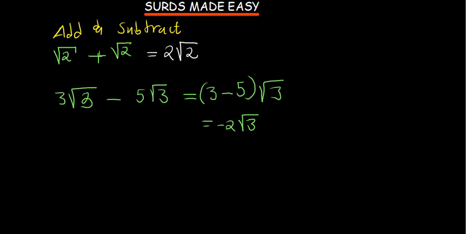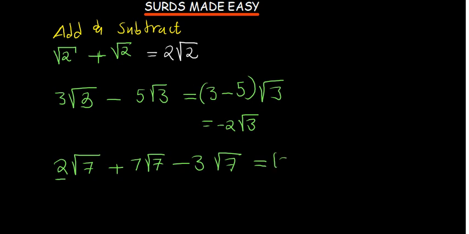What if you have got, let's say, 2 square root of 7 plus, let's say, 7 square root of 7, then minus 3 square root of 7. How can you do this one? To work it out, just get the numbers which are outside. You've got a 2. I'm going to write it. And then I've got this positive 7.